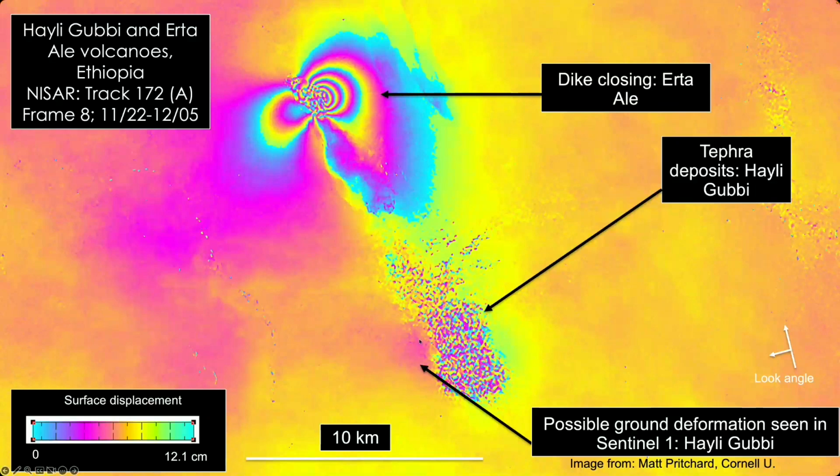And there's a slight hint of some possible deformation just to the west of the main Hayli Gubbi volcanic peak that is still being studied.